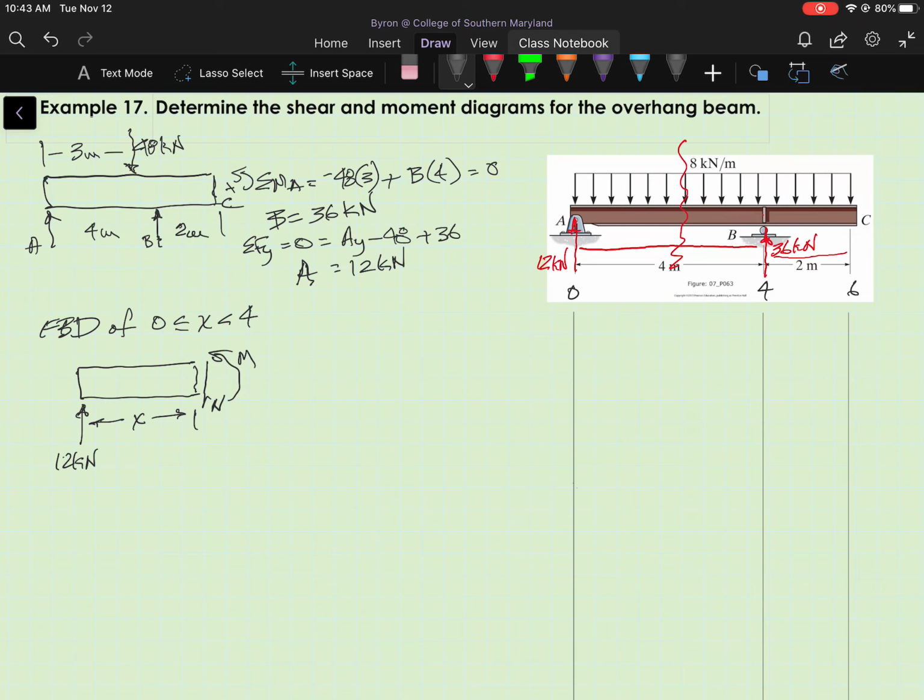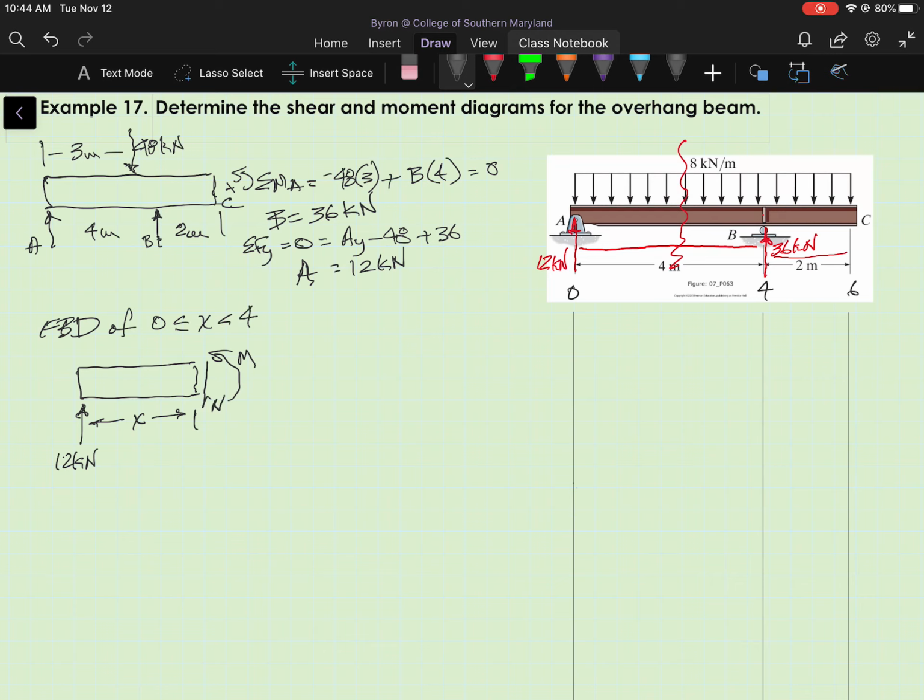Now I need to account for the distributed load, and I'm going to show an equivalent concentrated load or force for that portion of the distributed load that acts over that segment of the beam, and that segment of the beam is x meters long.